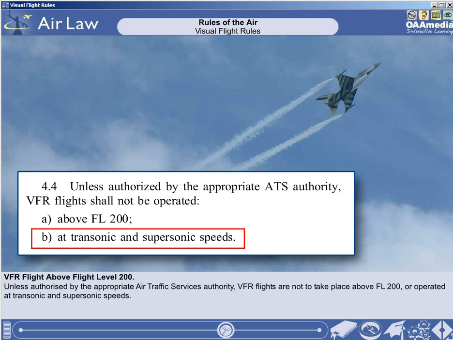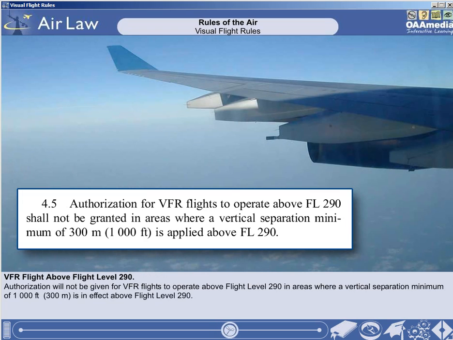Incidentally, VFR flight may not be conducted at transonic or supersonic speeds at any level or altitude. Authorization will on no account be given for VFR flights to operate above flight level 290 in areas where a vertical separation minimum of 1,000 feet or 300 meters is in effect above that flight level.